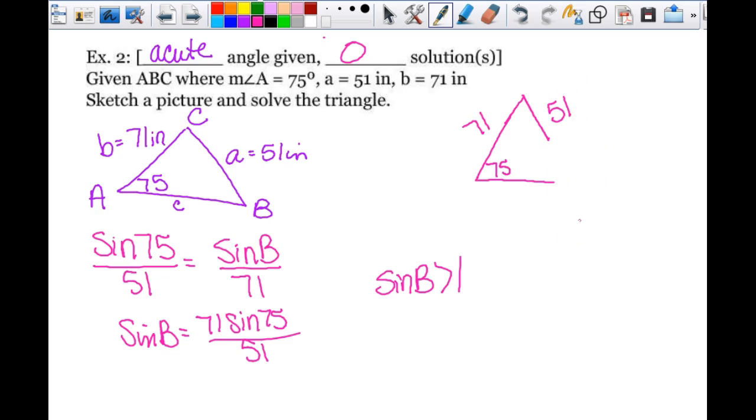And it's not going to work, right? Sometimes it works, sometimes it doesn't, but this is one of those times where it doesn't work because of the angle measure and whatnot. But don't go by the way it looks when you're drawing the picture. I'm just telling you that you can kind of help yourself make it make sense. All right, we good? Because the sine of B has to be between -1 and 1 in order for it to work. Everybody good? Any questions?